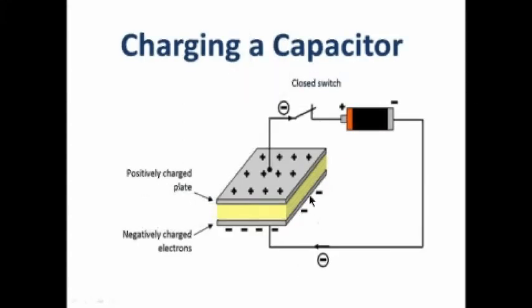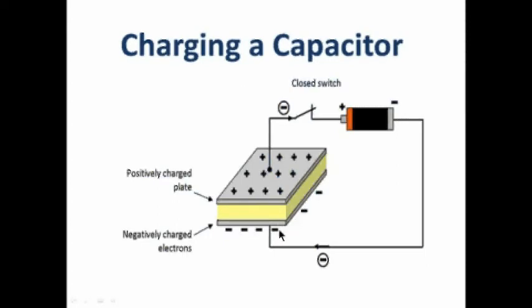We can charge a capacitor by connecting it to a battery or some sort of external voltage source. And what will happen when we connect it in the circuit is the negative electrons from the battery will flow around the circuit, and they will sit on the bottom plate of this capacitor.